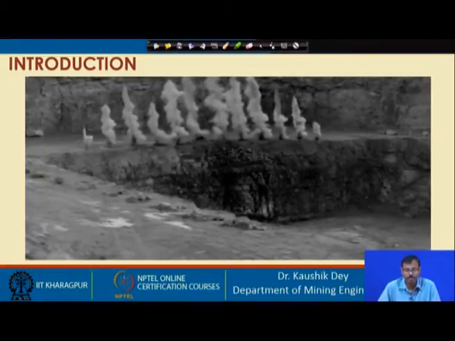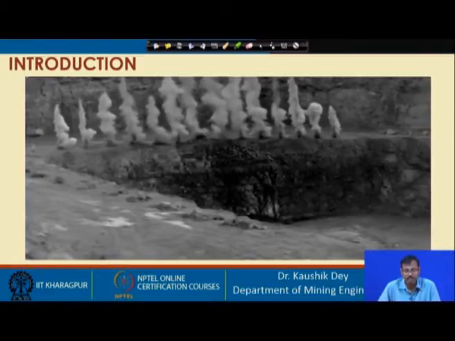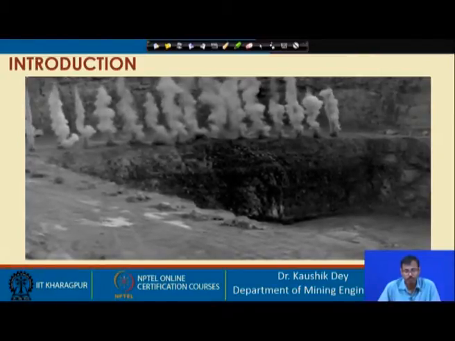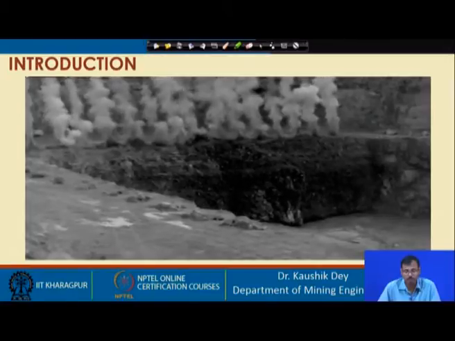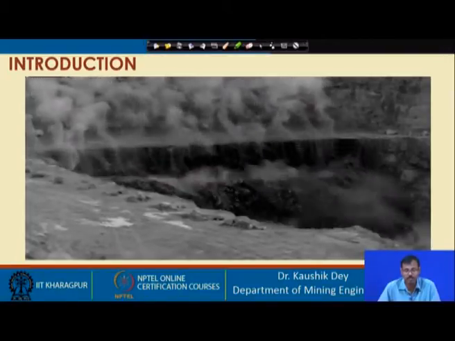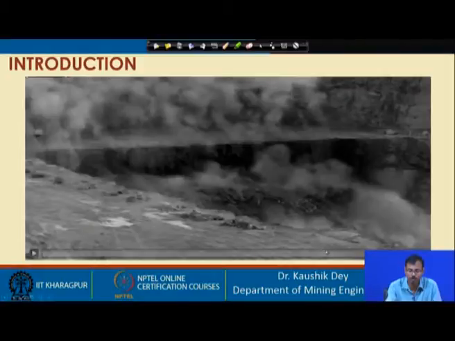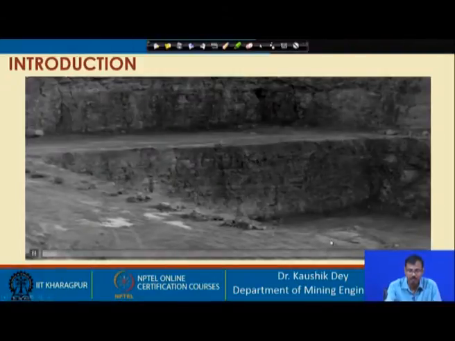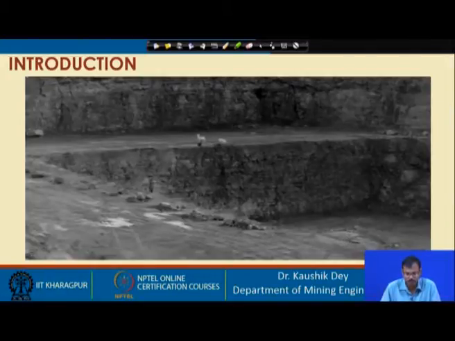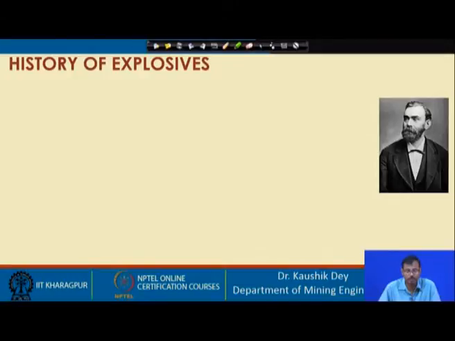That means this explosion occurred in a millisecond duration, maybe 2-3 milliseconds, maybe 40-50 milliseconds, but we are observing it over a few seconds. So, it is being observed at a very slow pace, so that you can look into the blasting process at a slower pace, and you can understand how the blasting is processed.